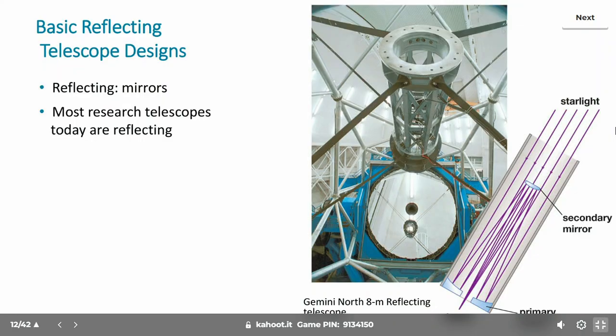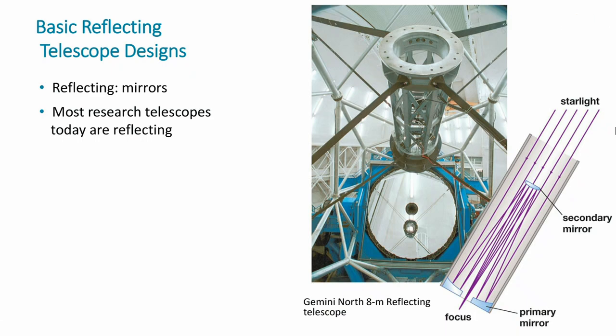With reflecting telescopes, so if we start to use mirrors, we can make the telescope tube much shorter. And that's because the light can bounce off of mirrors, and you can basically cut the distance the light has to travel in half or more.